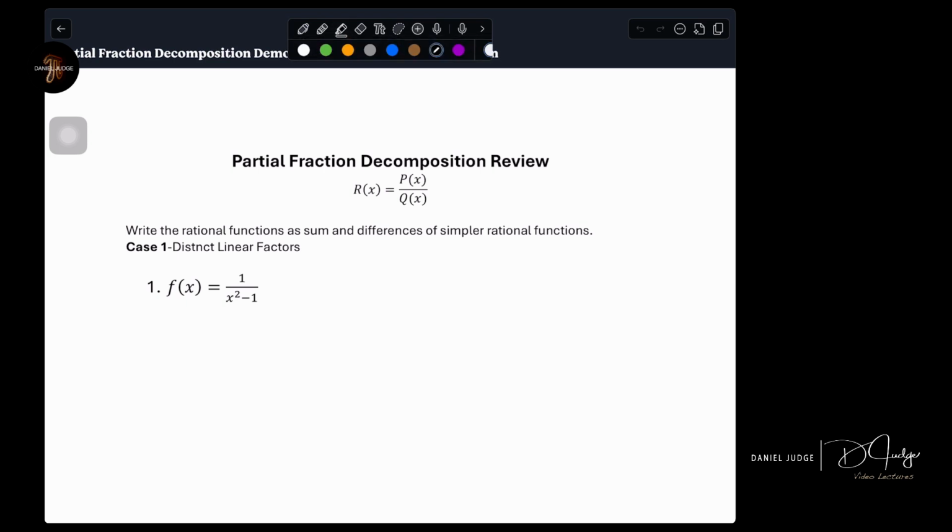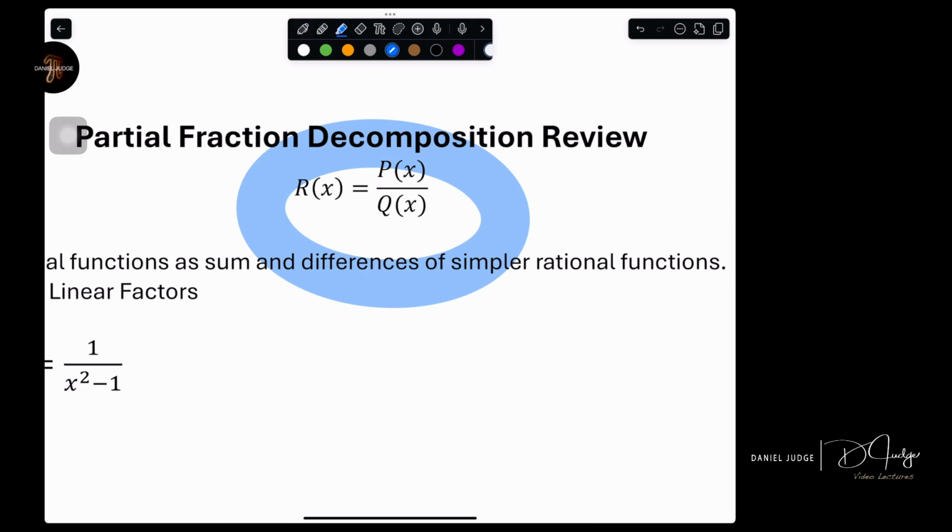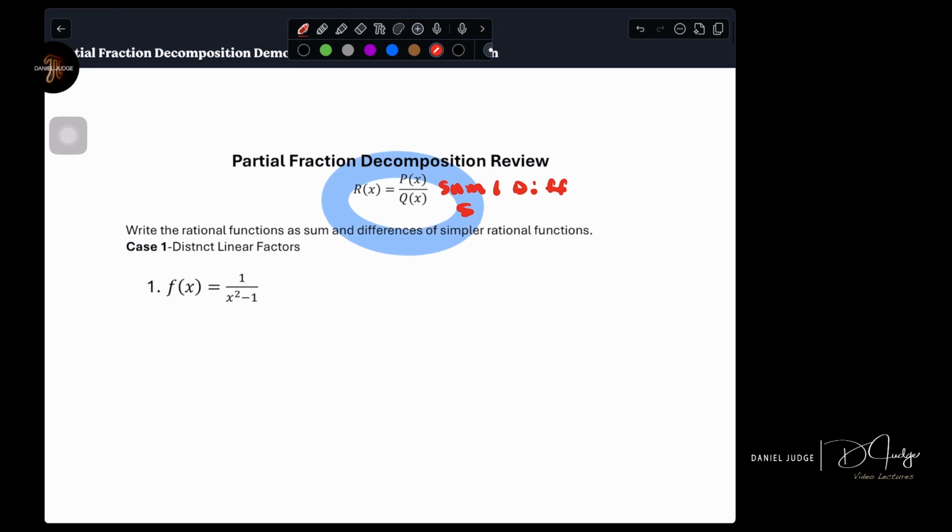And partial fractions, if you recall, apply to rational functions, where we want to write a more complicated rational function as a sum and or difference of what we call simpler rational functions.